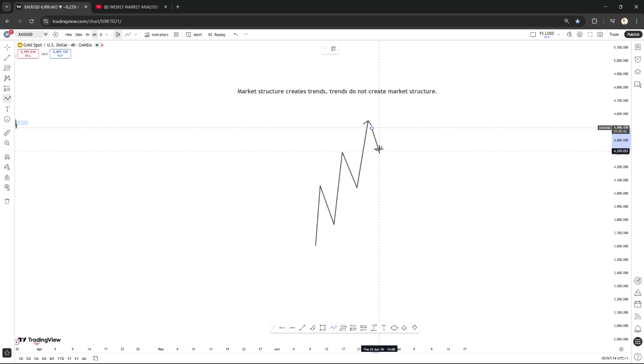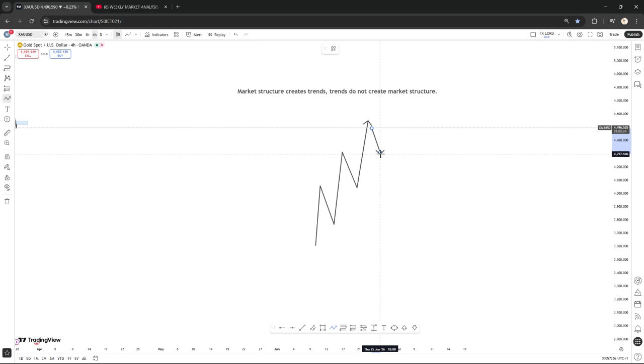Now this correction is a pullback because the market wants to grab some more liquidity, grab more momentum to come back for another high. All right. So if you're looking forward to trade in this market structure, you're going to wait for this market to pull back just like this.